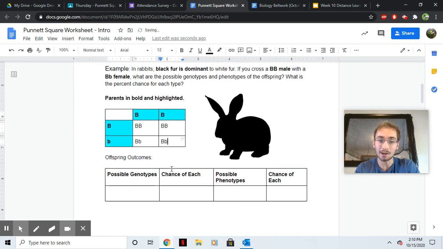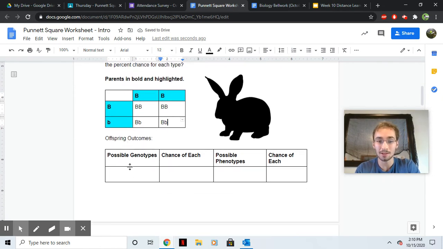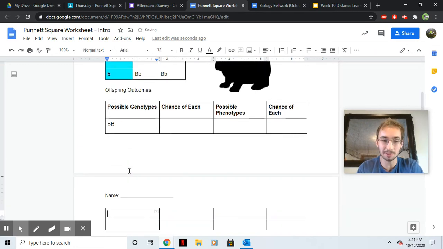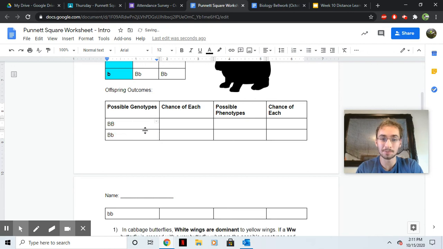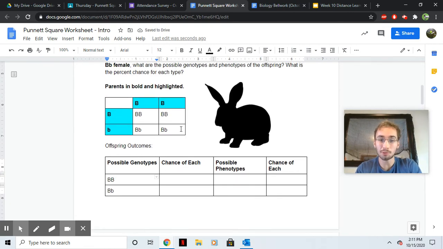Now you have the offspring outcomes. There are 3 possible genotypes: you can have 2 big B's, 1 big B and 1 small b, or 2 small b's. Then you're supposed to figure out the chance of each one. Out of these 4 kids, 2 out of 4, or 50%, have 2 big B's in their Punnett square, so 50% of the kids will have this genotype.